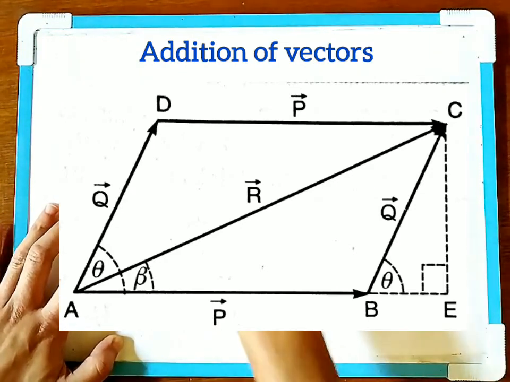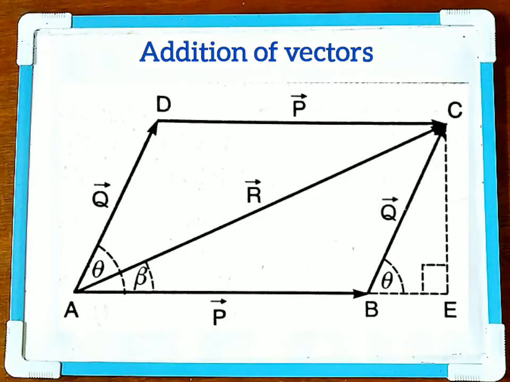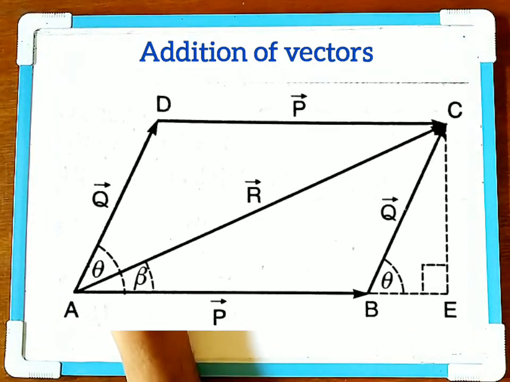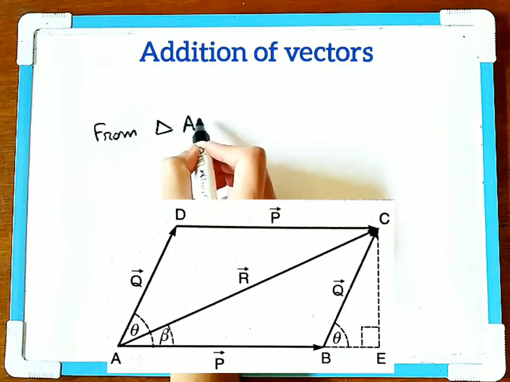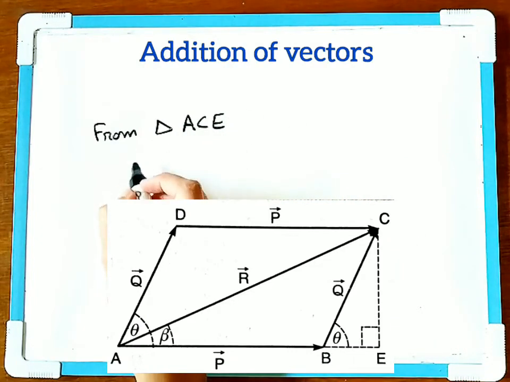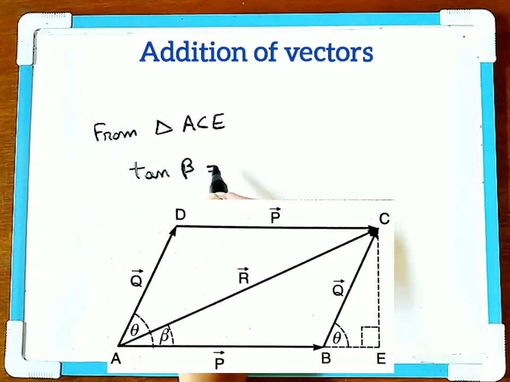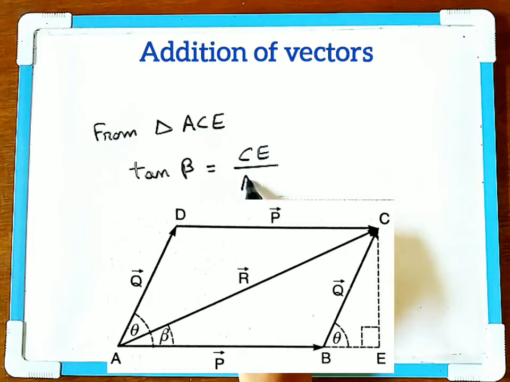Tan beta is equal to perpendicular by base. This is to find the direction. So from triangle ACE, tan beta is equal to perpendicular CE divided by base AE.